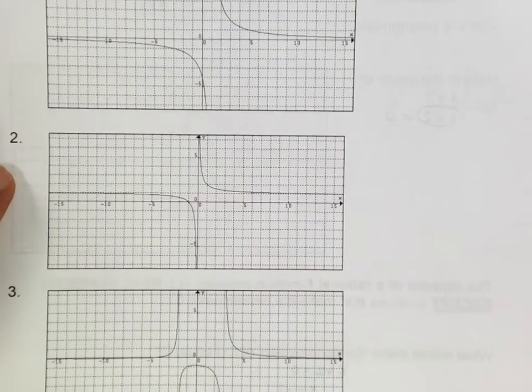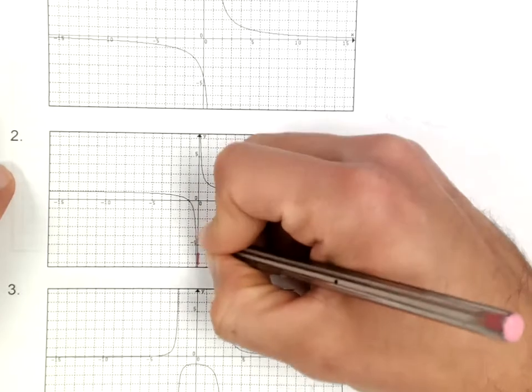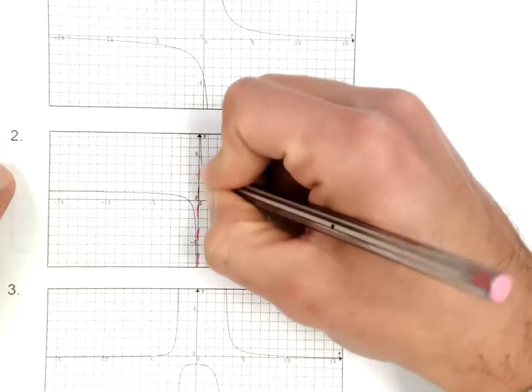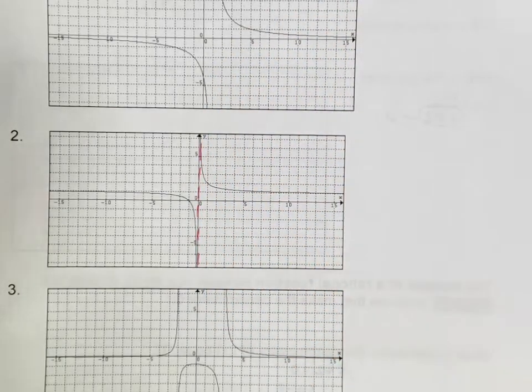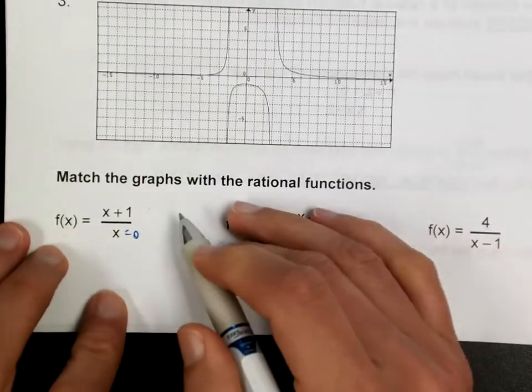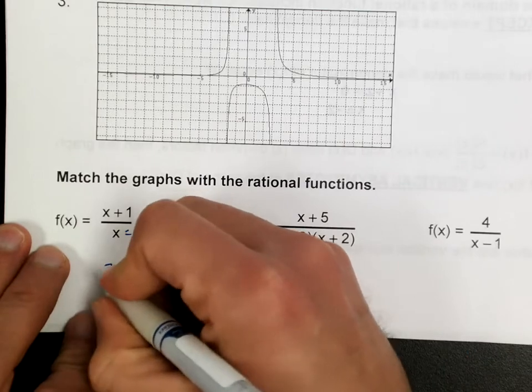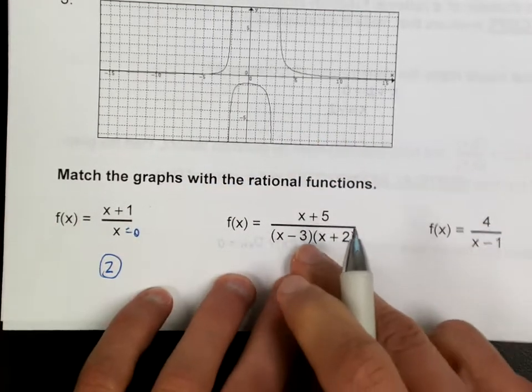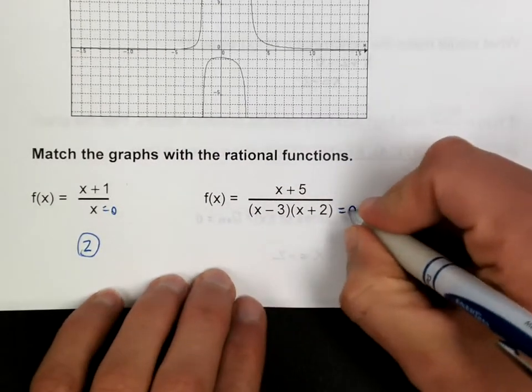Now again, a vertical asymptote would be a vertical line that the function cannot go through. So it also happens to be excluded from your domain. Therefore this one right here is going to be matched up with graph number 2. Let's look at this one. This one's kind of nice because the denominator is already factored for you.